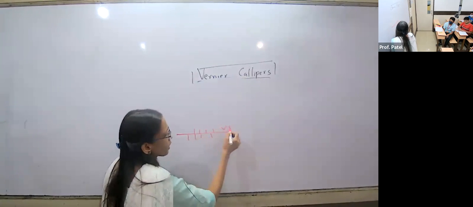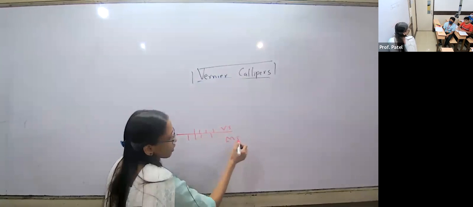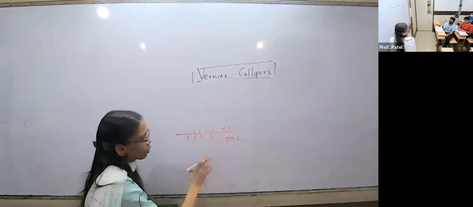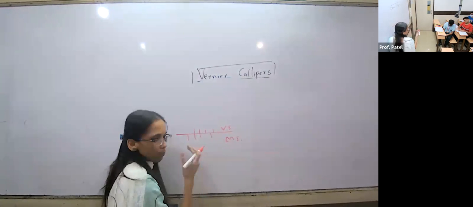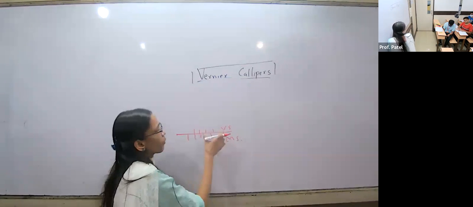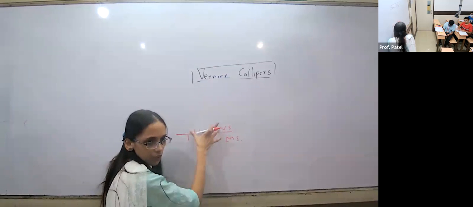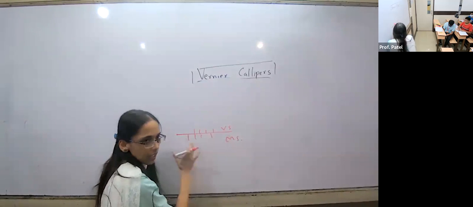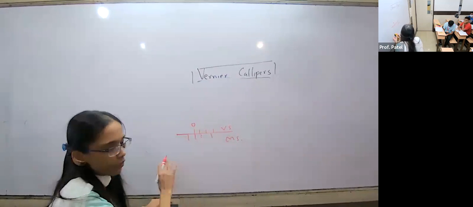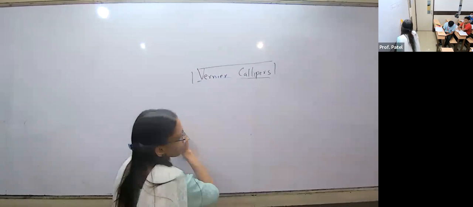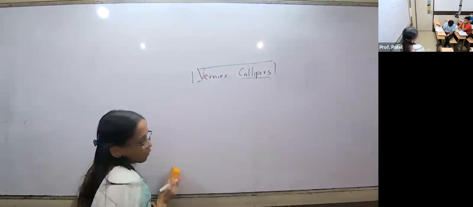So it is up to your examiner in which way he draws the diagram and gives it as a question to you. You need to be clear in your mind that the above one has a fixed number of divisions, that is the vernier scale. This is my main scale. I have to refer to the 0 point of the vernier scale. So in whatever way they give the diagram, it should not confuse you. So we are going to the tougher part of this.